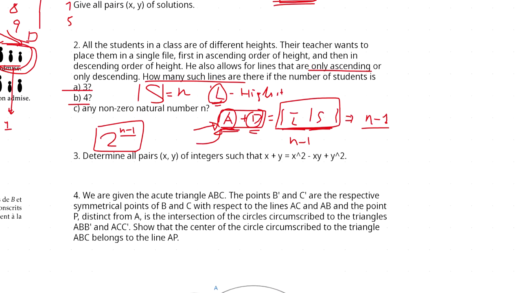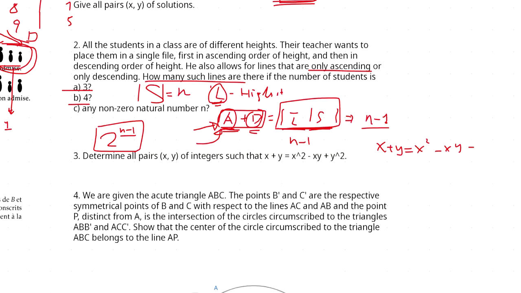It's a typical number theory problem, but I find it's not a bad idea to solve it using algebraic methods. So we have x plus y equals x squared minus xy plus y squared.